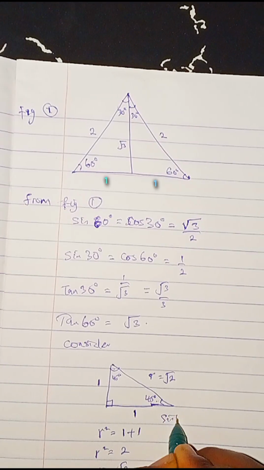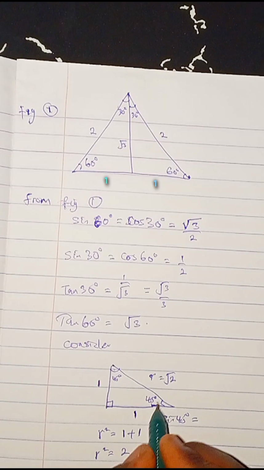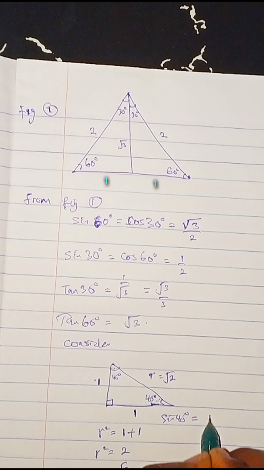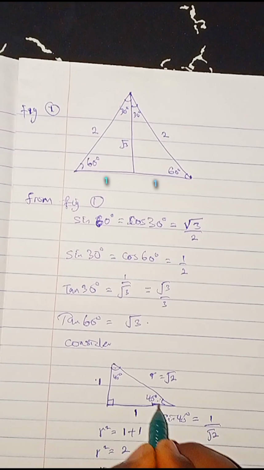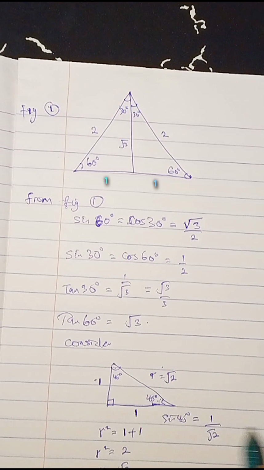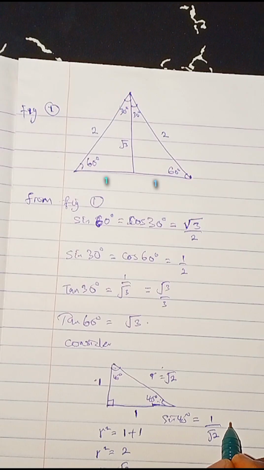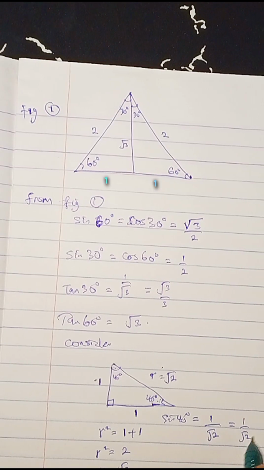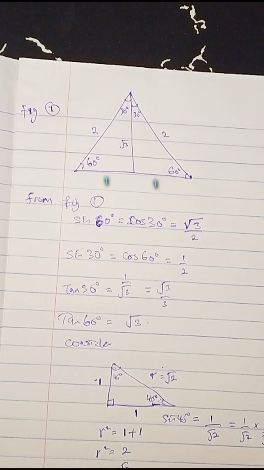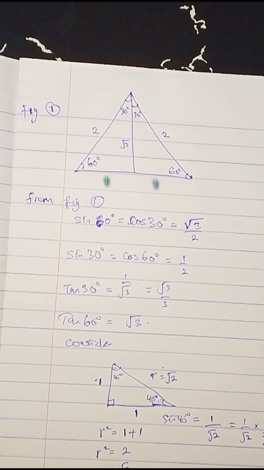What is sine 45 degrees from here? Opposite 1 over hypotenuse square root of 2, which when you rationalize, you have 1 over square root of 2 multiplied by square root of 2 over square root of 2, which is square root of 2 over 2.